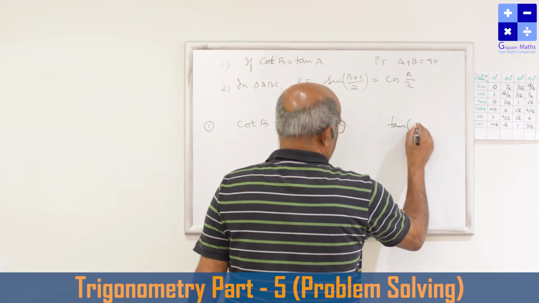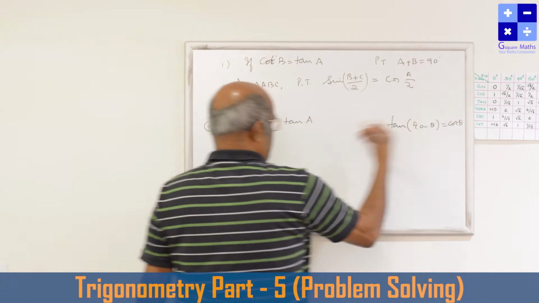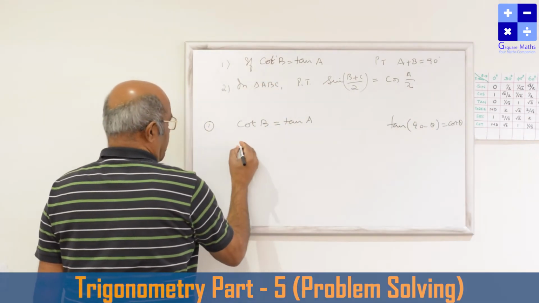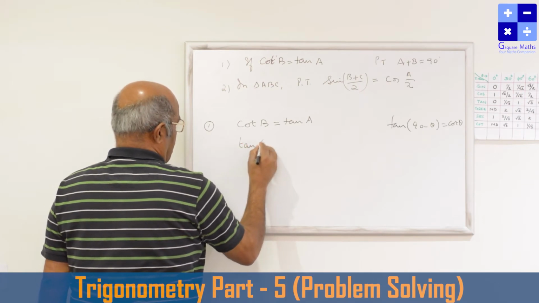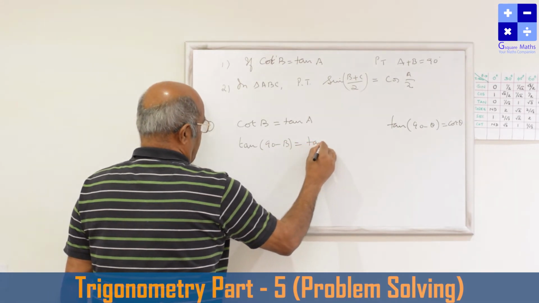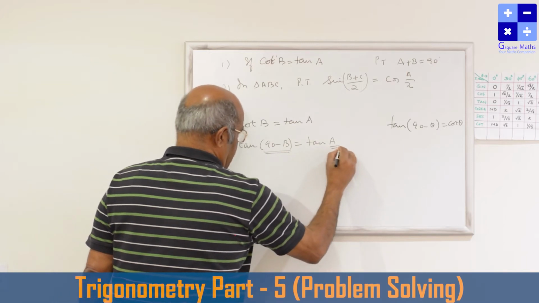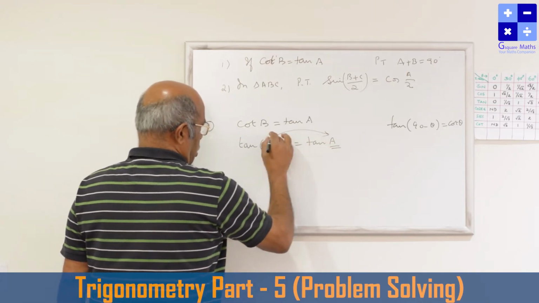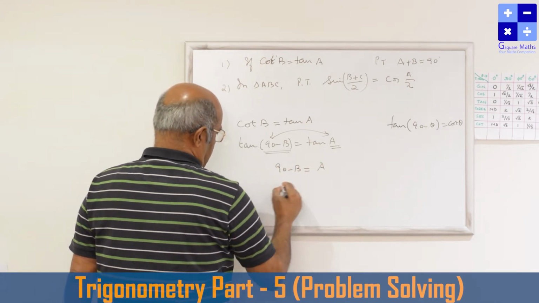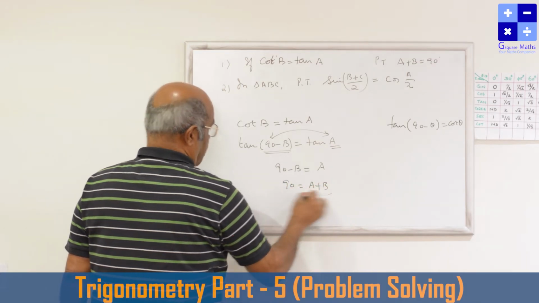Tan 90 minus theta is equal to cot theta. In other words, cot theta is equal to tan 90 minus theta. So cot B can be written as tan 90 minus B. That is equal to tan A. So tan of an angle is equal to tan of this, so these two angles should be equal. Therefore 90 minus B is equal to A. That is 90 is equal to A plus B. That's what we were asked to prove.